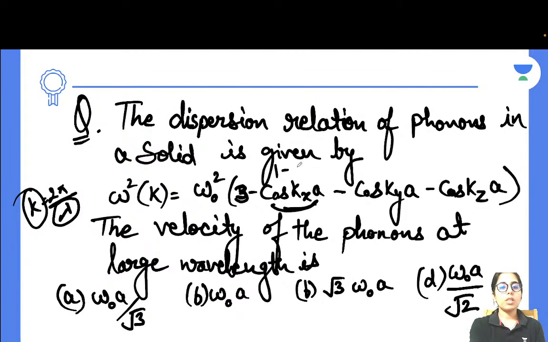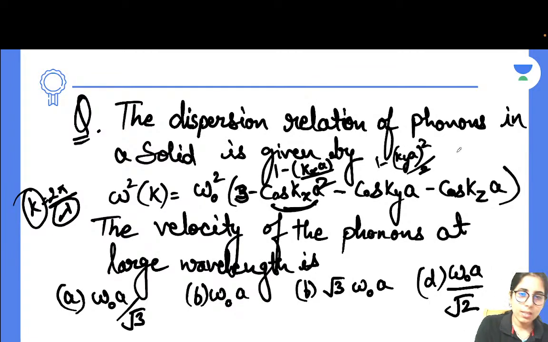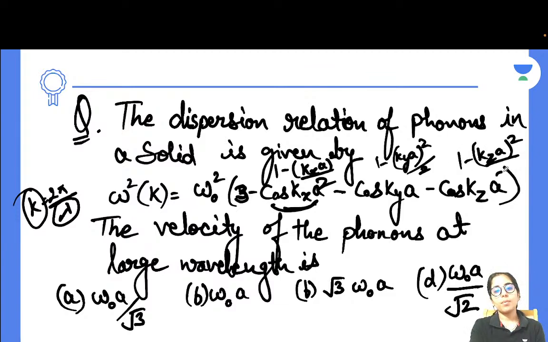So then again we will have to write it as 1 minus kx a square over 2, 1 minus ky a square over 2, right? And 1 minus kz a square over 2. Once you consider that part, you will get the omega expression after simplification.